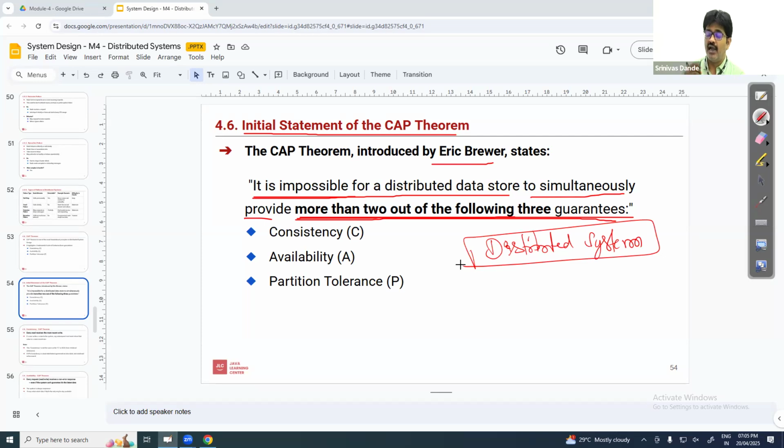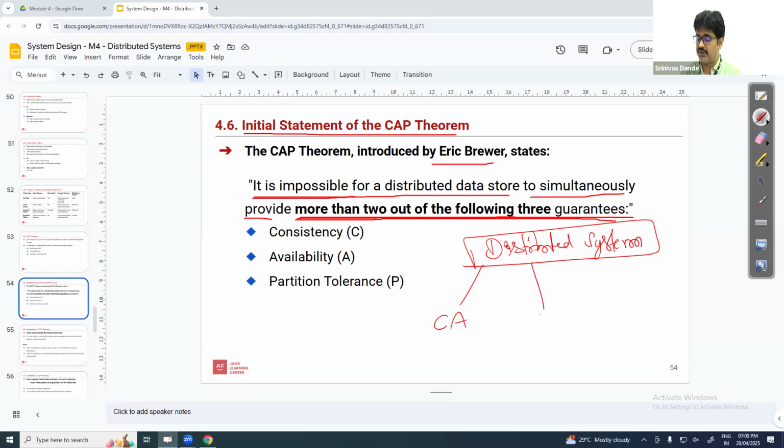If you say I am developing a distributed application, and I need consistency, I need availability, and I need fault tolerance, that is partition tolerance, and I want all 3 guarantees, that is impossible. You can get only 2. What 2 can they be? Maybe CA, consistency and availability, or CP, or AP.